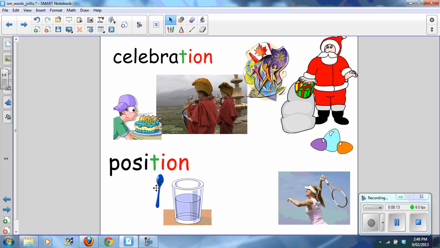If I describe the position of the spoon now, the spoon is on the left of the glass. If I describe the position of the spoon now, the spoon is in the glass. This lady here is getting into position in order to hit a tennis ball in a game of tennis.